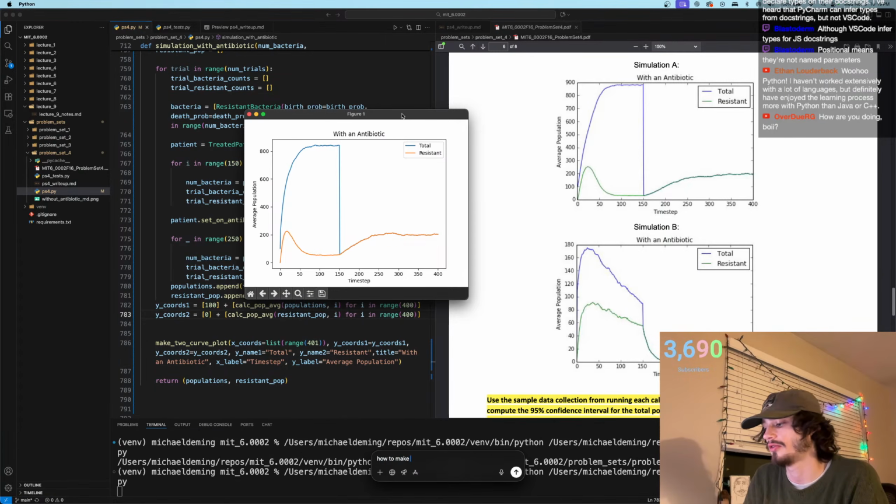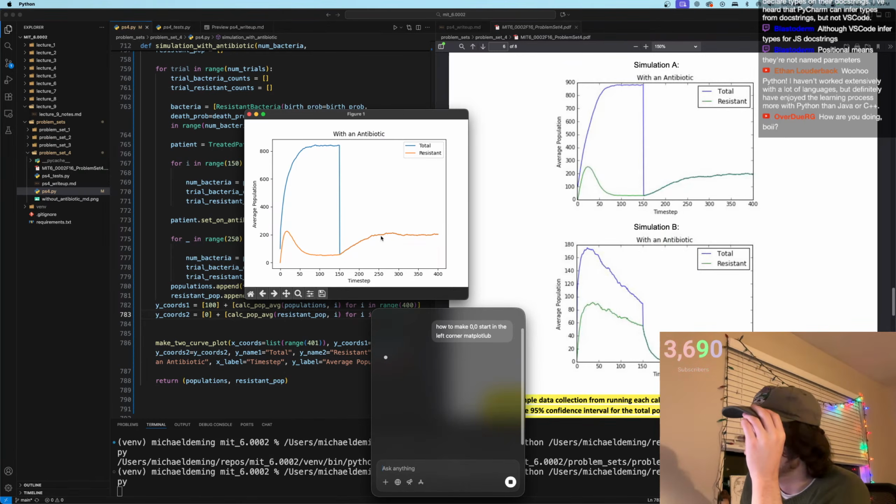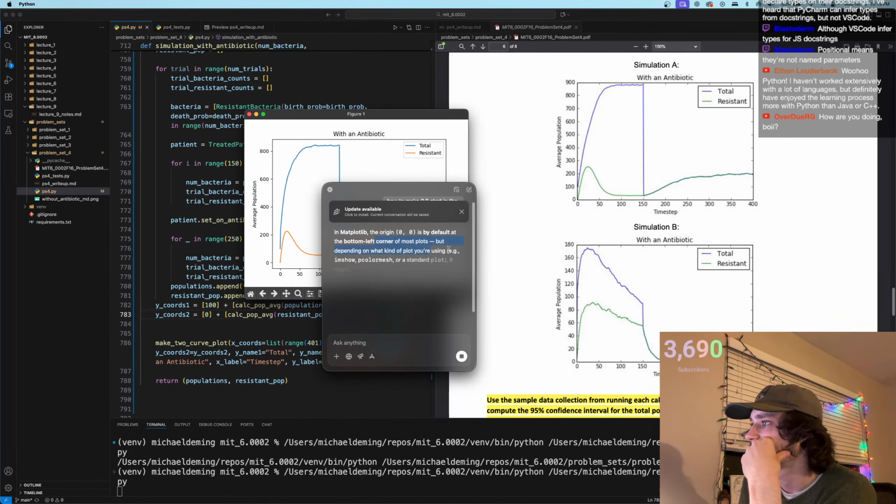How to make 0, 0 in the left corner. That probably is by default one.